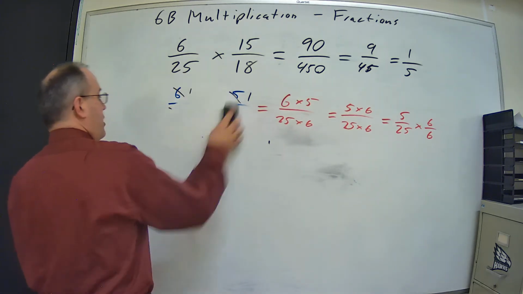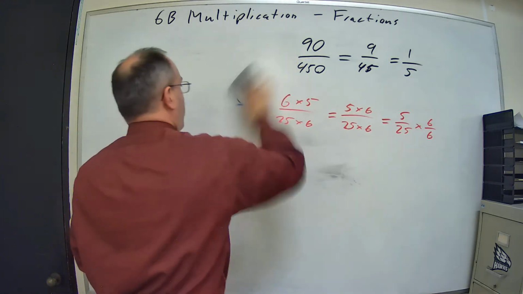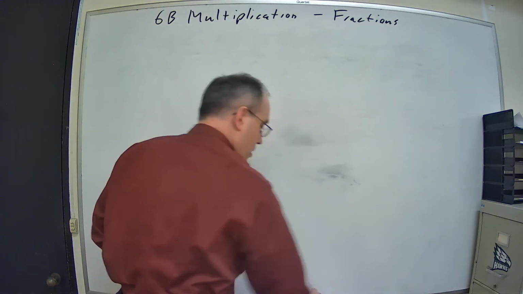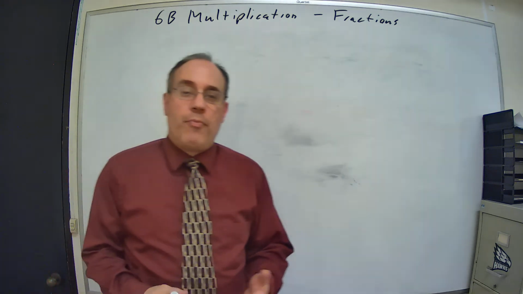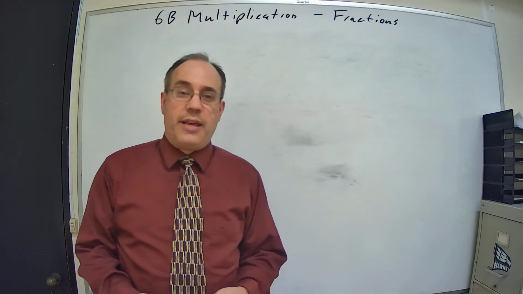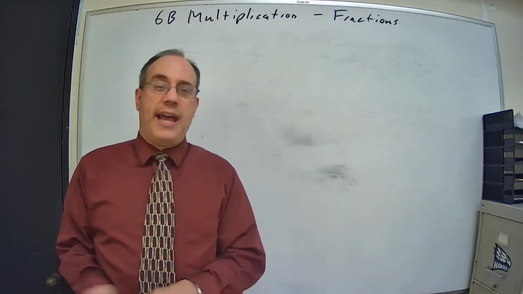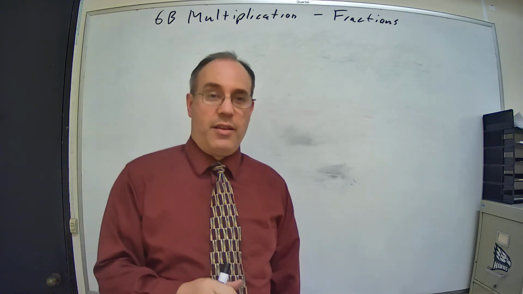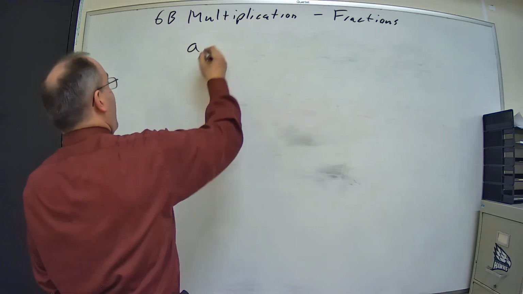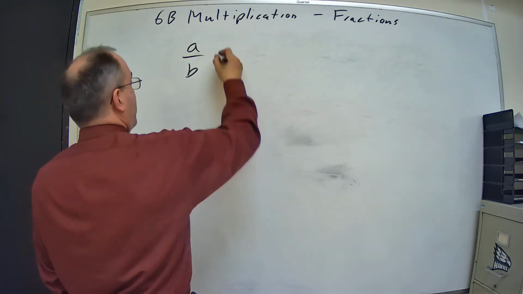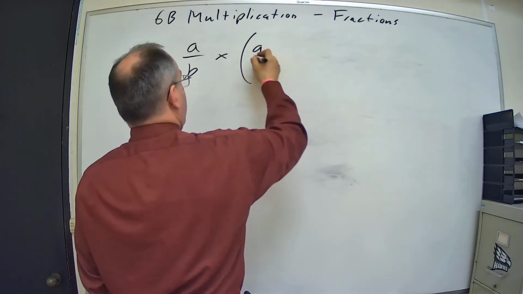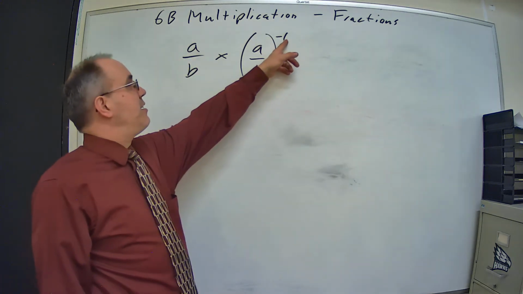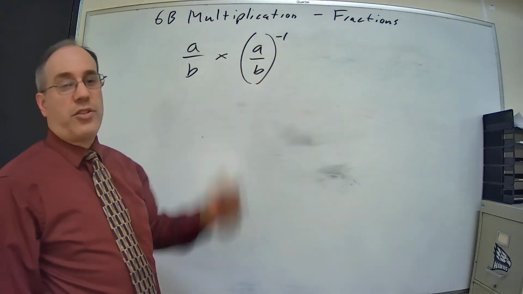Okay, now previously we talked about reciprocals for fractions. Well, one cool thing about fractions and multiplying is if you multiply a fraction by its reciprocal, you get 1. So if I take a over b and multiply it by the reciprocal of a over b, remember we said that the -1 as an exponent turned this into the reciprocal?